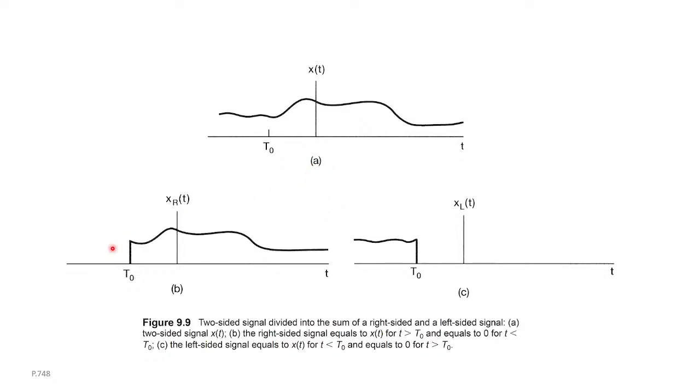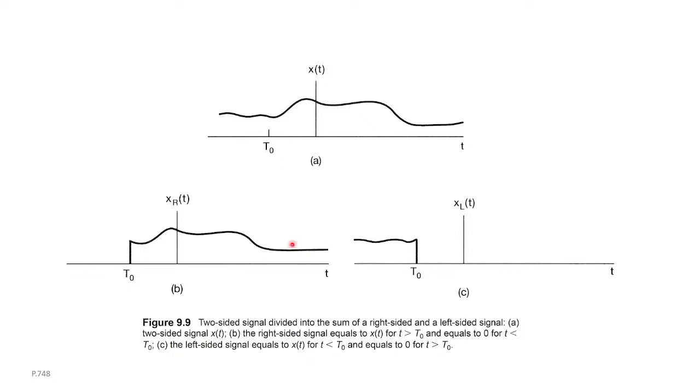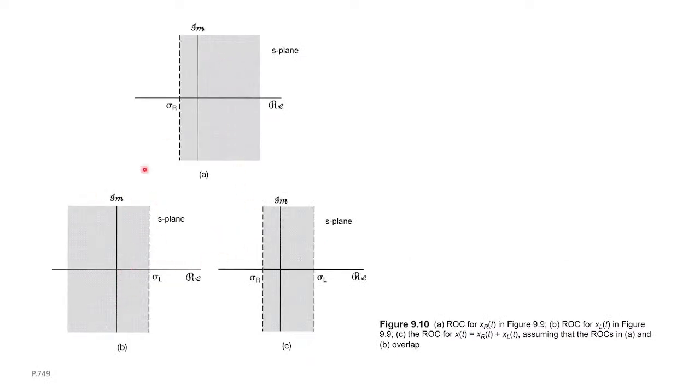Then the Laplace transform is a linear combination of the transforms of those two, and more importantly, the ROC should be the intersection of the ROCs of those two. The ROC of this one should look like this, and the ROC of that one should look like that, and when you combine them, it's going to look like one strip.